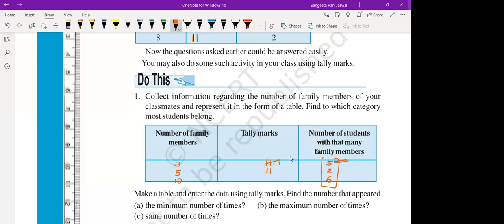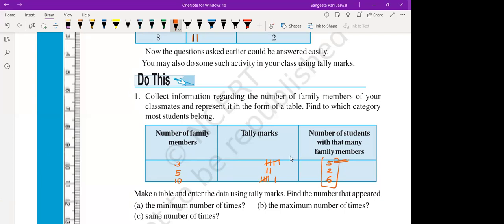Now I understood you. 2 students have a 5-member family. 6 students have a 10-member family, a joint family. So 6 can be represented as 1, 2, 3, 4, 5, and one more vertical bar. So that is 6.